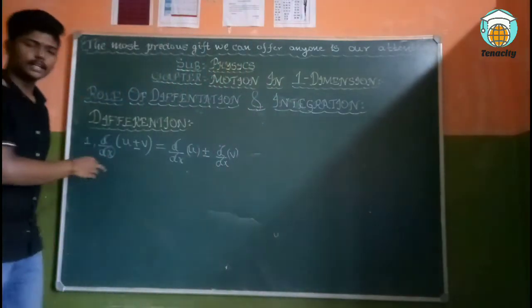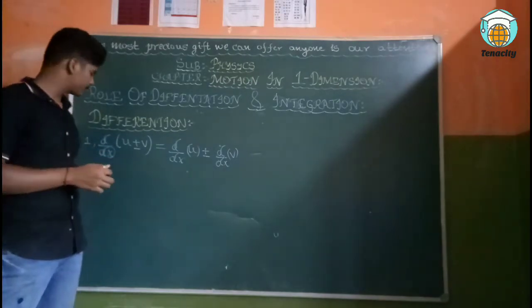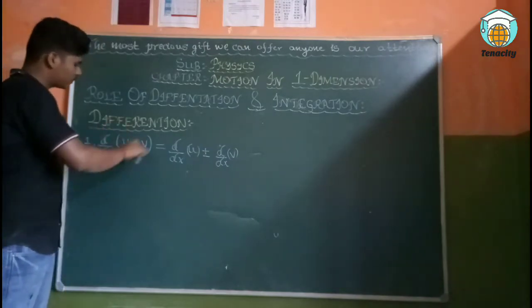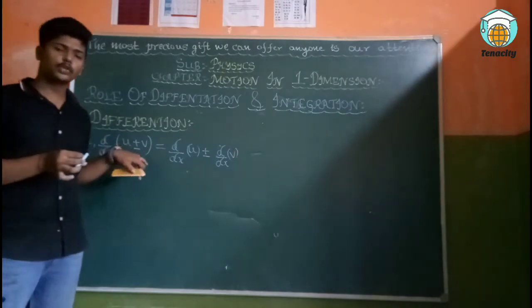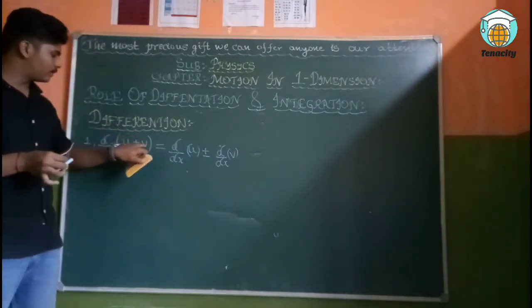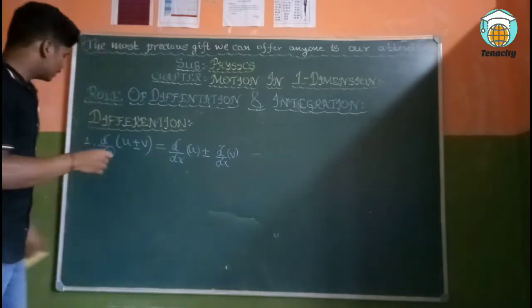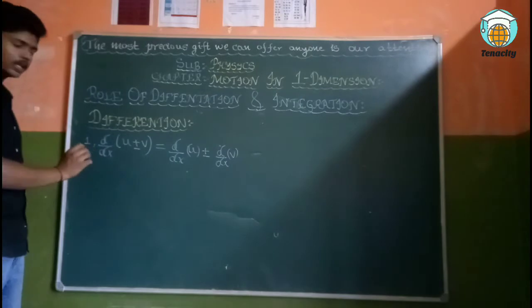If something is not written in terms of x, we should consider it a constant, and its differentiation will be 0. So always write the functions in terms of the given variable in the denominator. Keep that in mind.